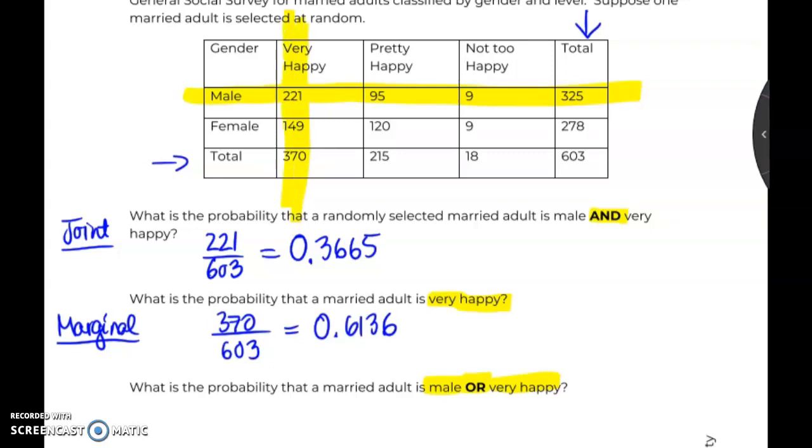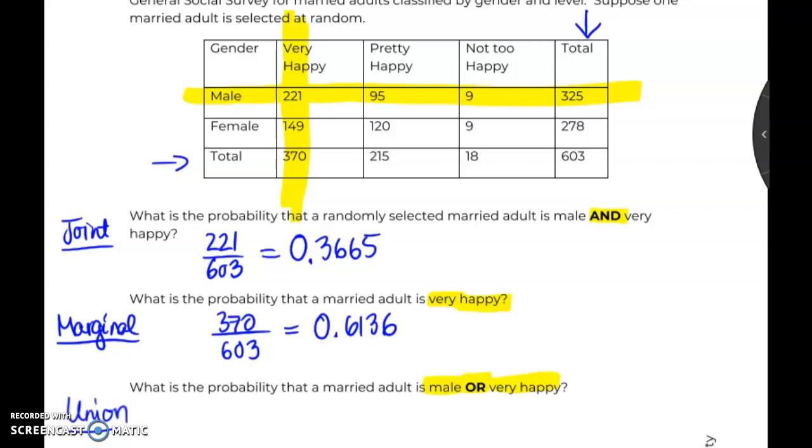But this time we're asking for "or," and in math, when we're looking for "or" probability, it looks at whether a person is male or a person is very happy, or they could be both. So "or" is always inclusive of "and." We call this the union of two events.